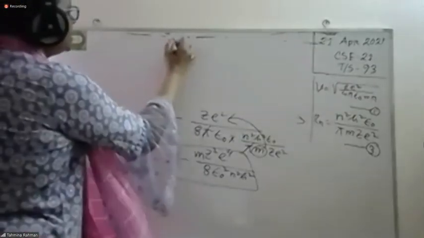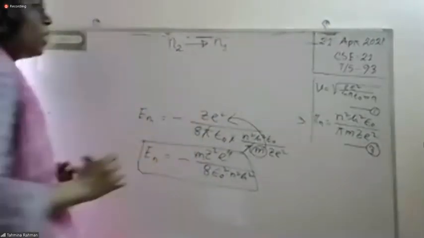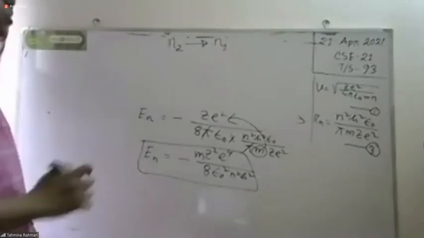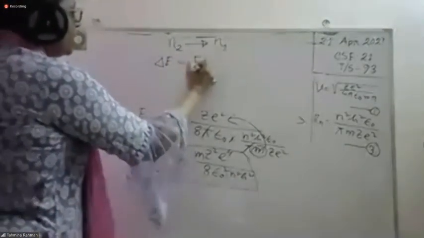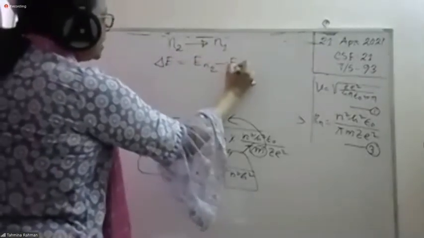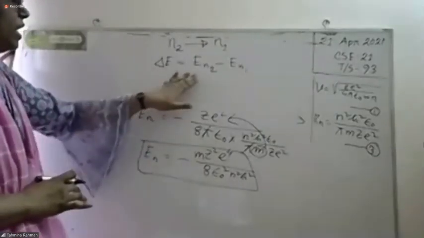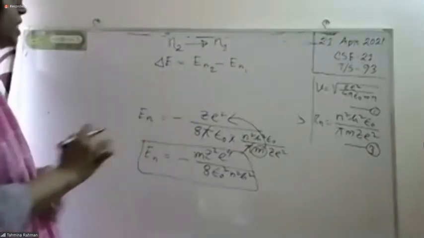The higher energy level n2 jumps to n1. Okay, then how much energy will be released? So delta E equal to En2 minus En1.